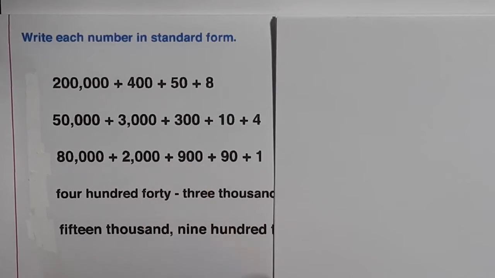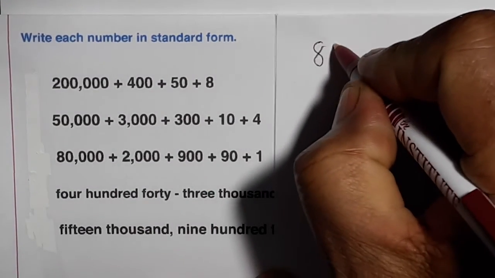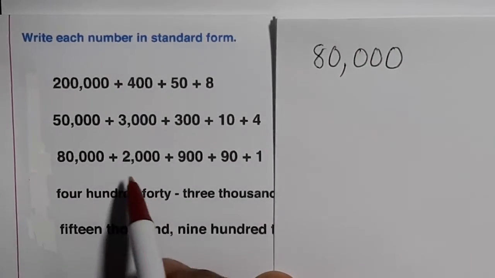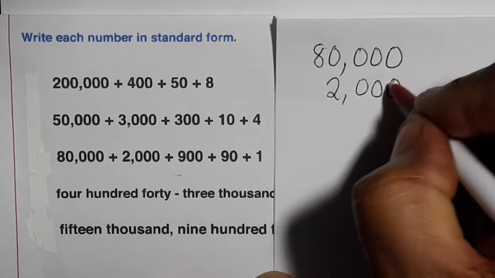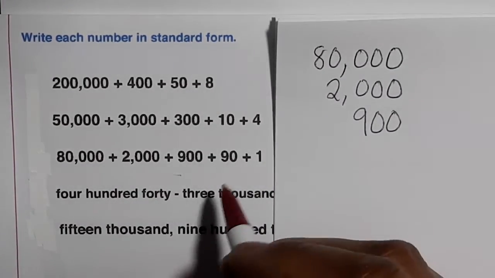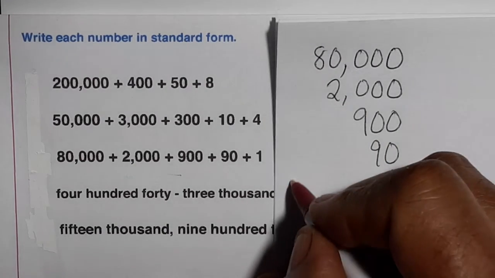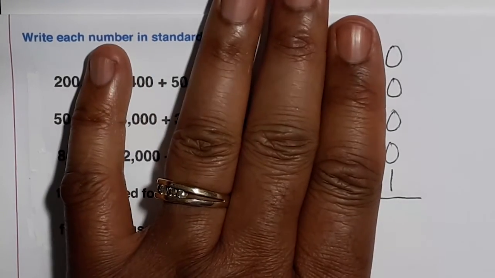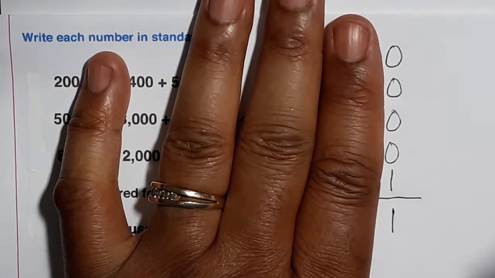Next, line up your numbers once again. We have 80,000, 2,000, 900, 90, and 1. So let's add all these together. Once again, we have a total of 1 in the ones position.